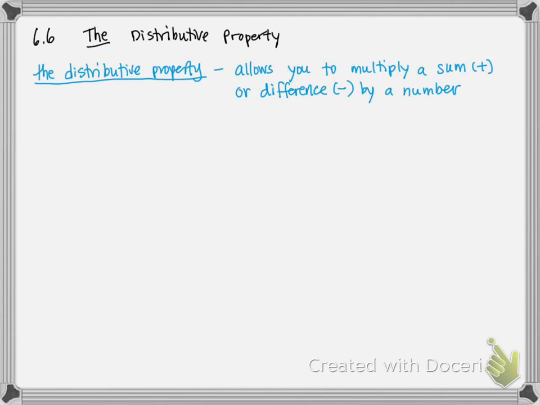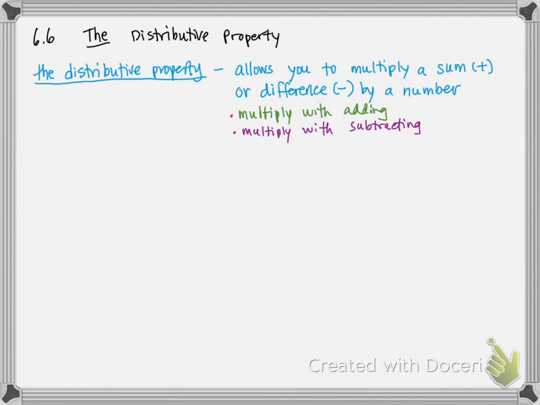So again, we're going to have multiply with adding, or multiply with subtracting. So it's the only property that we're going to talk about that actually has two operations going on in it. So that's pretty darn important.